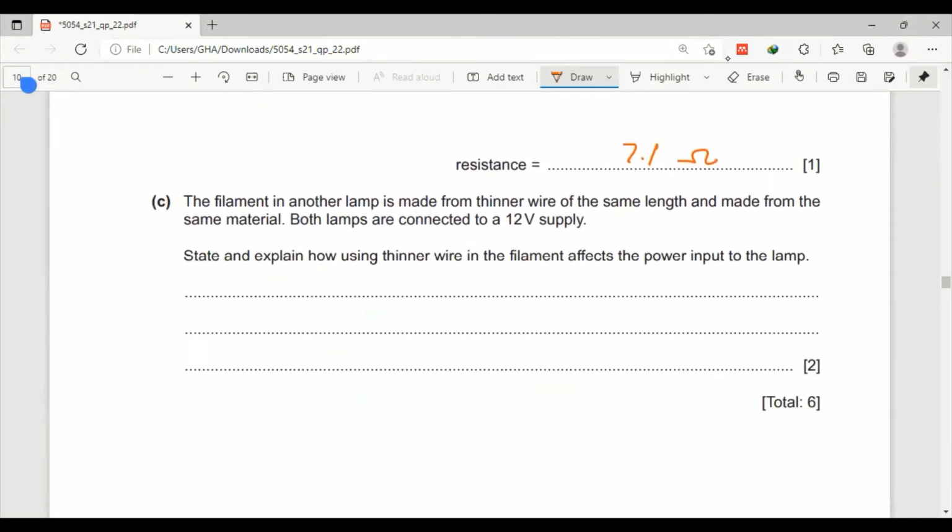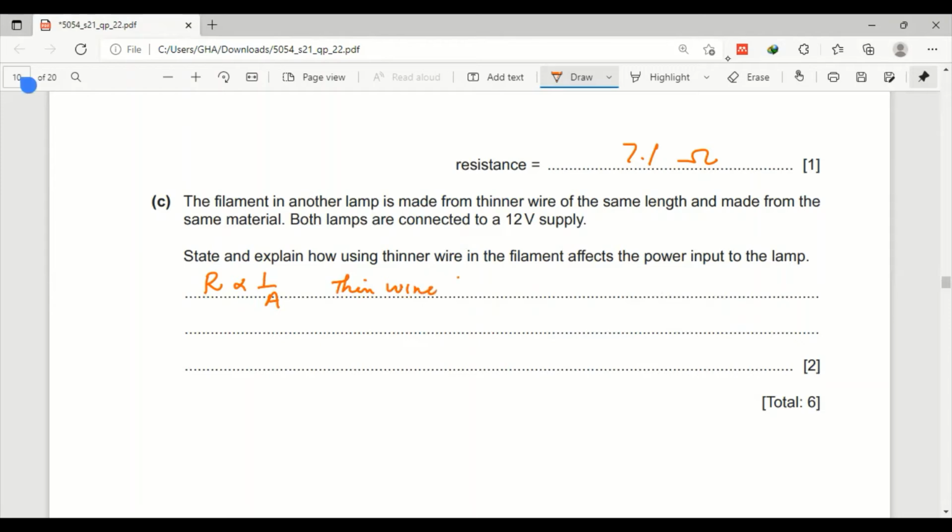Next, the filament in another lamp is made from thinner wire of the same length and made from the same material. Both lamps are connected to a 12-volt supply. State and explain how using the thinner wire in the filament affects the power input of the lamp. Look, resistance is inversely proportional to area.